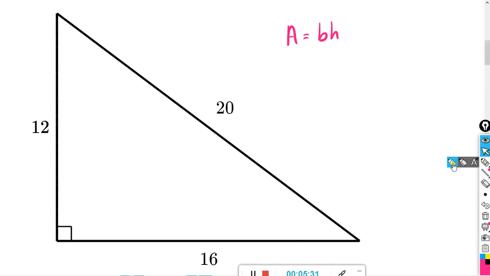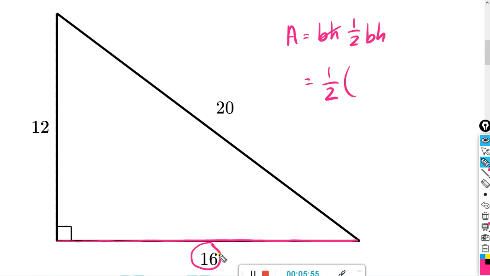All right, last one. Remember, for the right triangle, we said the height is actually one of the sides. So this right here will be the base. Whoops, I accidentally wrote BH. It's 1/2 bh. All right, start with 1/2. And for the base b, I'm going to plug in 16.